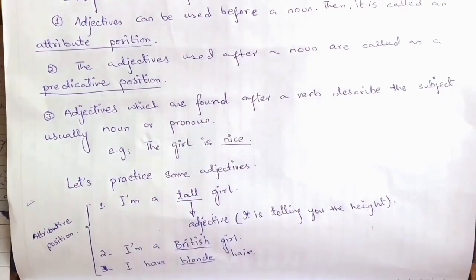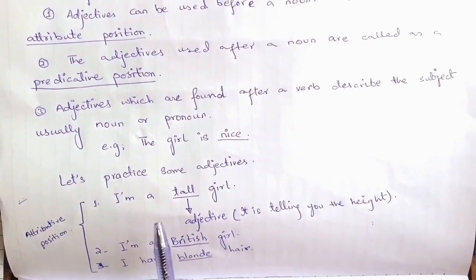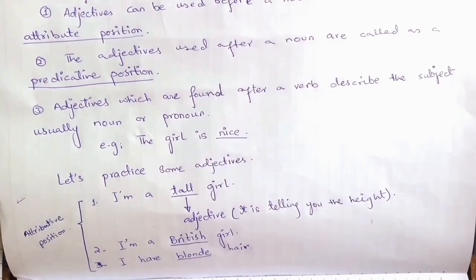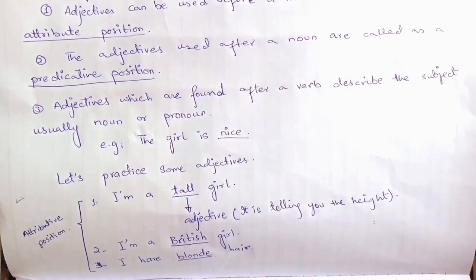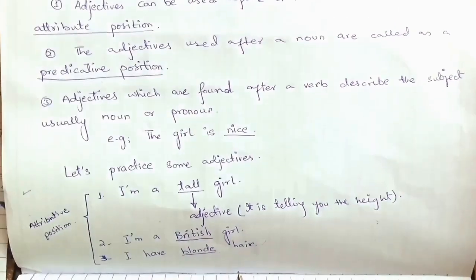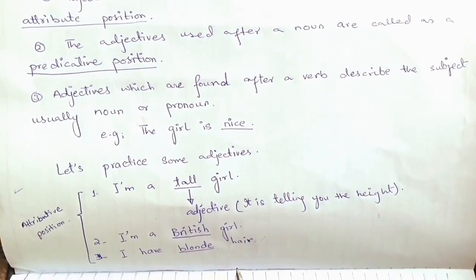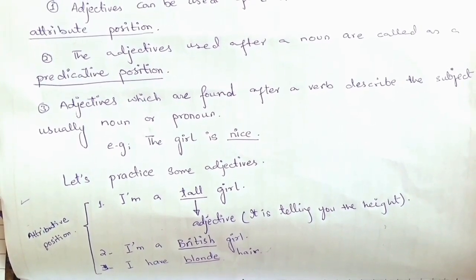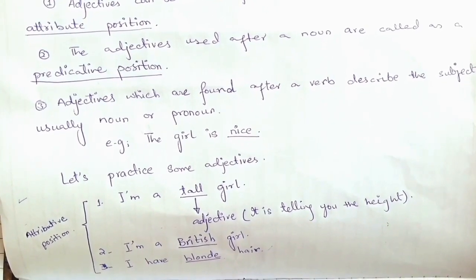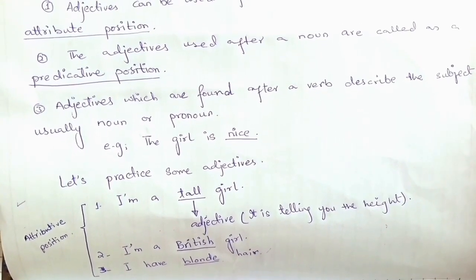Now let's practice some adjectives. I am a tall girl. Now find out the noun. Over here, girl is a noun because it is the name of a person. It's a common name, girl. So this is a noun.